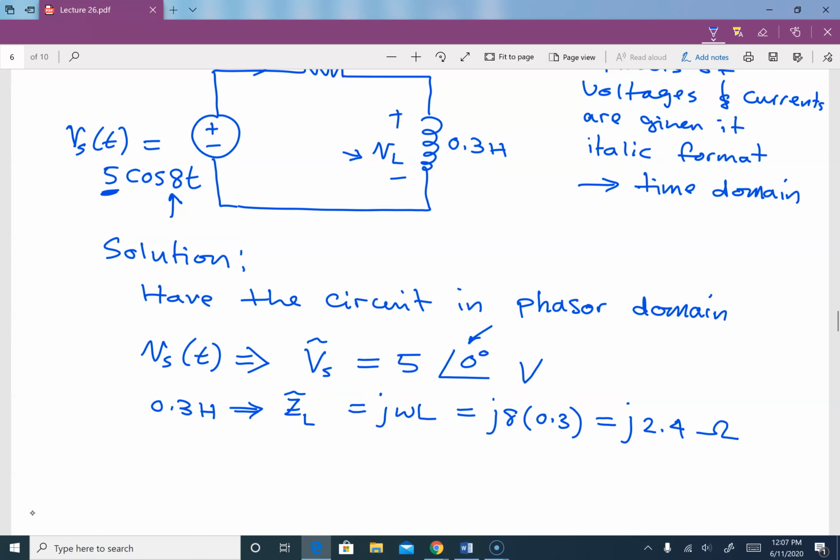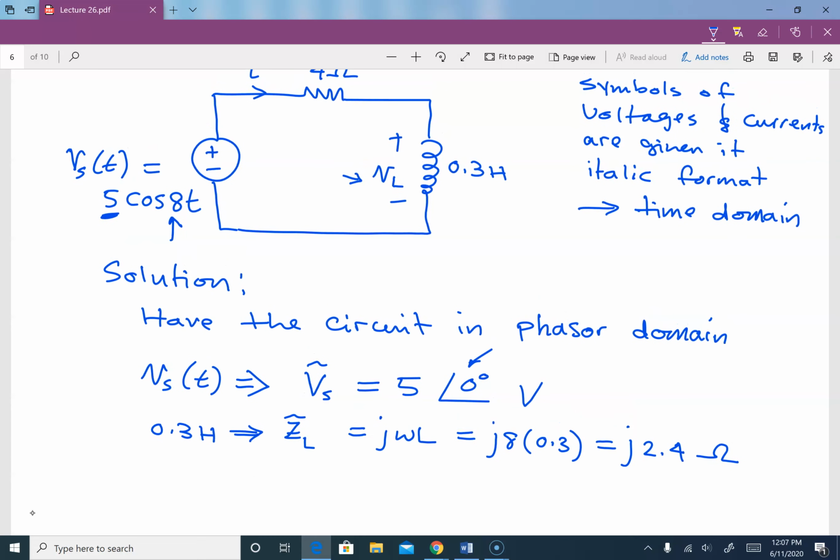So now if you look at our circuit here, it is a single loop circuit. The total voltage, which is the source voltage, is given. Then we can use voltage division to find our voltage across the inductor.